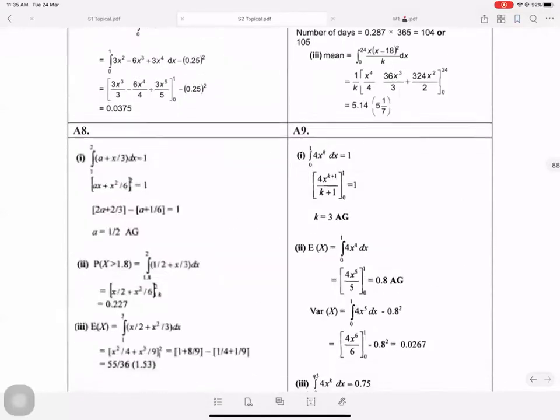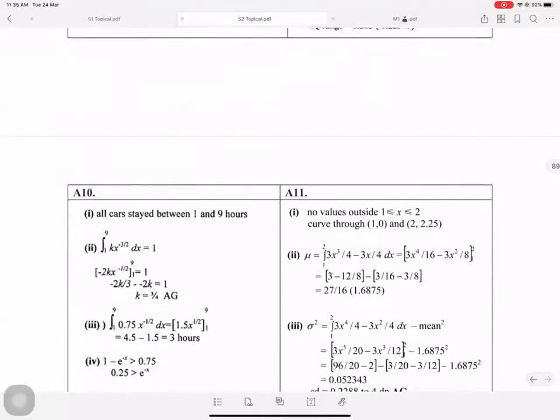And that was question number 10 that we are focusing on.